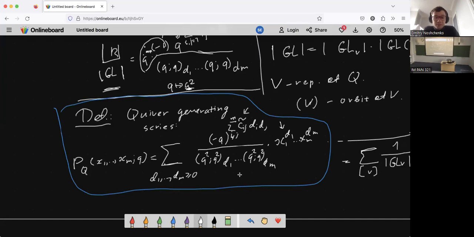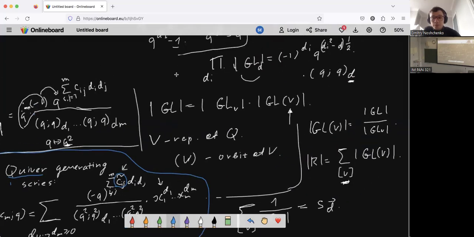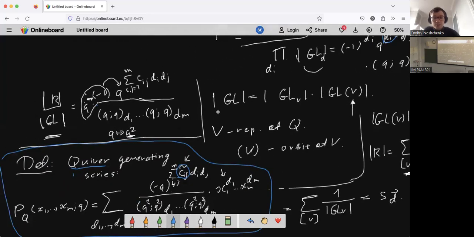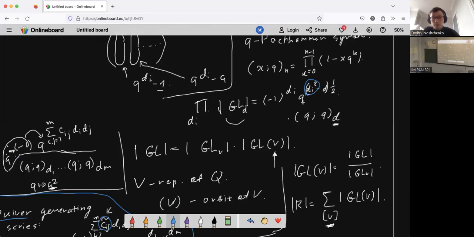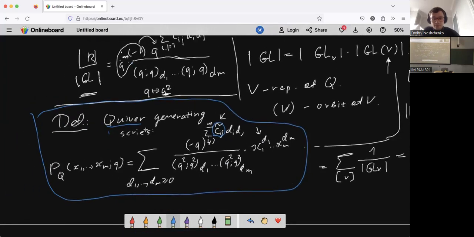All right, so philosophically we slightly changed the notation here. When we write a quiver generating series, the c_ij's are exactly the same as those of the adjacency matrix. In the above example, it wasn't exactly the case, because there was a quadratic shift that you might recall. So the main difference between these two expressions is that one uses the Euler form of the quiver in the exponent of q, and the second one absorbs this additional q d_i squared into c_ij.